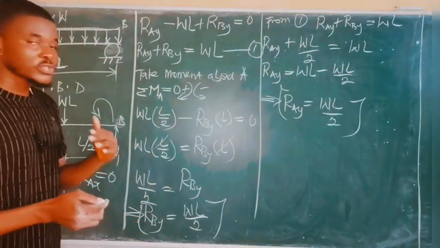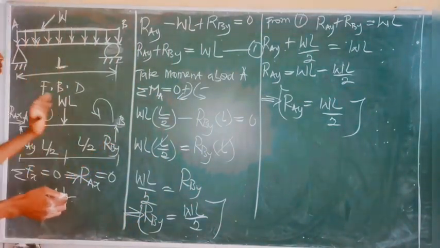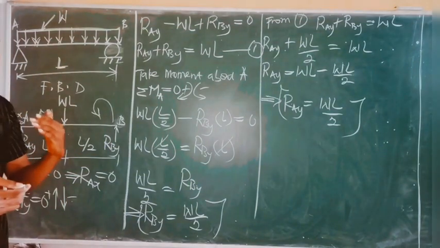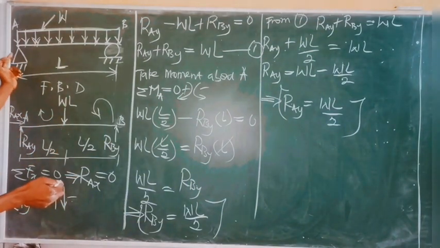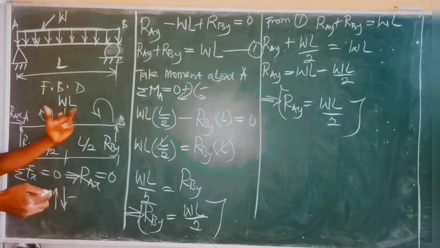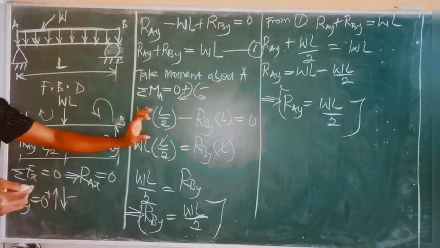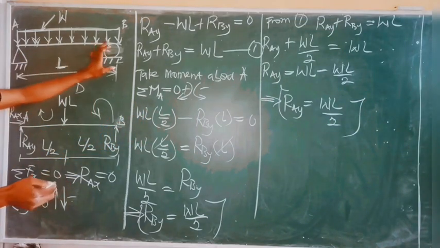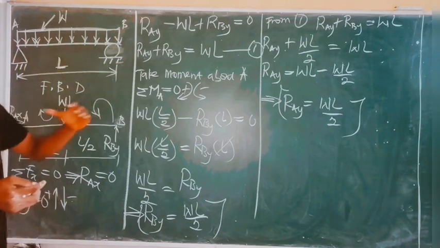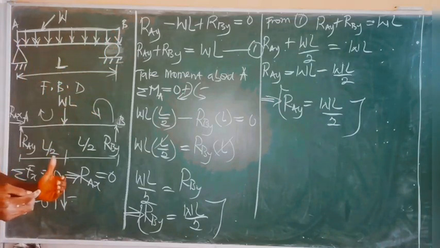The next thing to do is to simply substitute these reactions back to the original beam in place of the supports. We'll find the reaction for the support at point A, and the reaction for the support at point B. All we need to do is to place back these reactions at these supports and then work with the original beam to do the shear force and bending moment analysis.